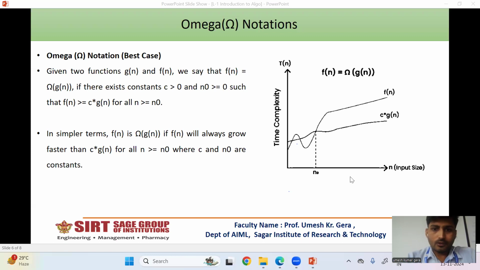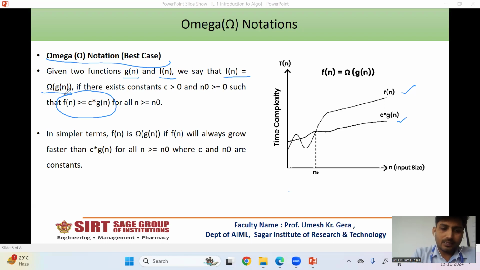Okay, so omega notation. What is the meaning of omega notation? Basically, if we draw the graph between two functions, there is one function f(n) and the second is the g(n) function. The formal mathematical definition of omega notation is: whenever we have two functions f(n) and g(n), we can say that f(n) is big omega of g(n) if and only if this equation is satisfied.